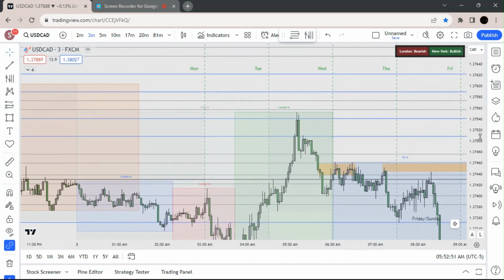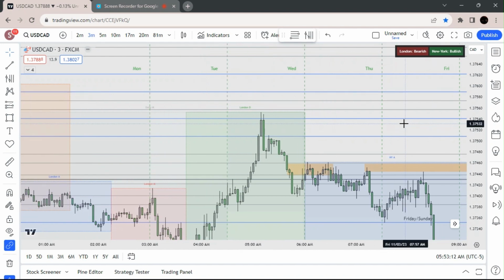You're looking for, within any cycle, Tuesday, Wednesday, Thursday, a breaker area to get tapped into and rejected from. And then for higher probability, you can wait for a CSD confirmation to enter, or like I said, you can just strictly enter once you see a breaker area rejected from within our Tuesday cycle strictly.